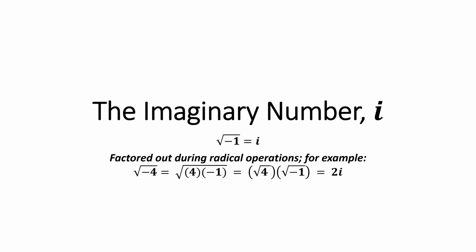Hello, the topic of this video is the imaginary number that is represented by the lowercase i. i is the square root of -1. Now, there is no real number that can have a negative result when being squared.